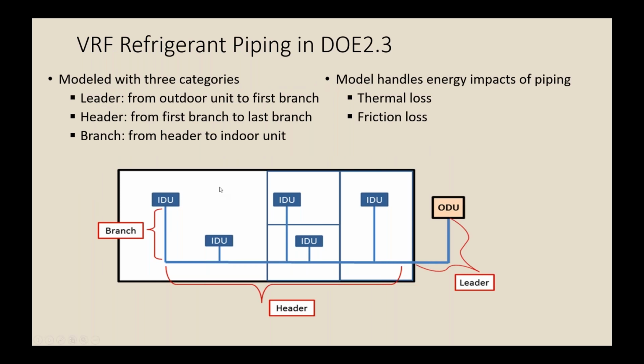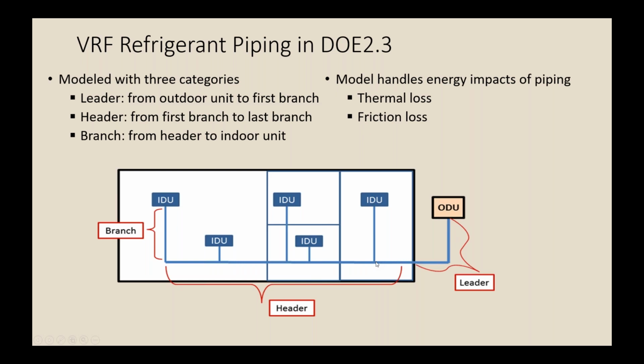So the next item here is the VRF refrigerant piping. And there are three categories that are defined in the input for DOE 2.3. There's the leader category, which is defined as the length of pipe that goes from the outdoor unit to the first branch. So this first segment out here leading up to the first branch.